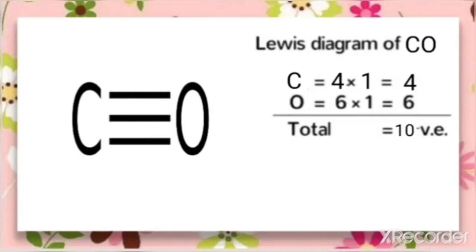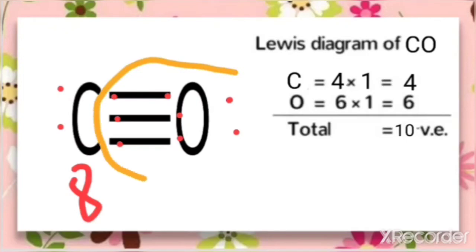Now keep a triple bond. Do it in the same manner, that is first 10 electrons, that is 1, 2, 3, 4, 5, 6, 7, 8. This carbon is getting 8 electrons, satisfied. Now what about oxygen? After 8 electrons, how many electrons are left? 2 electrons are left. I am keeping the 9th electron, 10th electron here on the oxygen. Now let us count the number of electrons for oxygen.